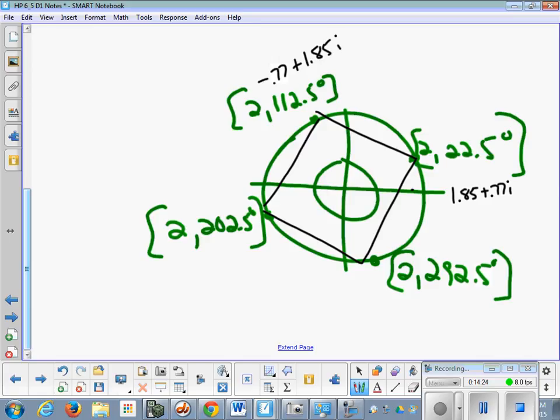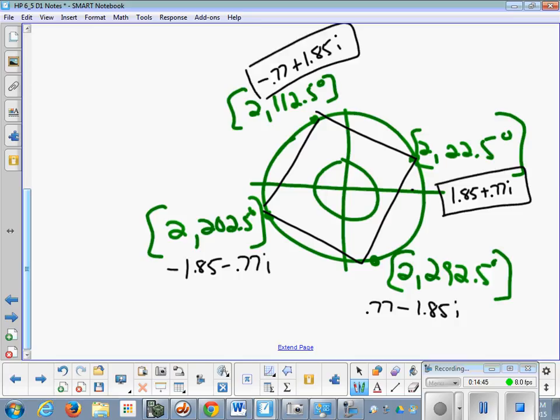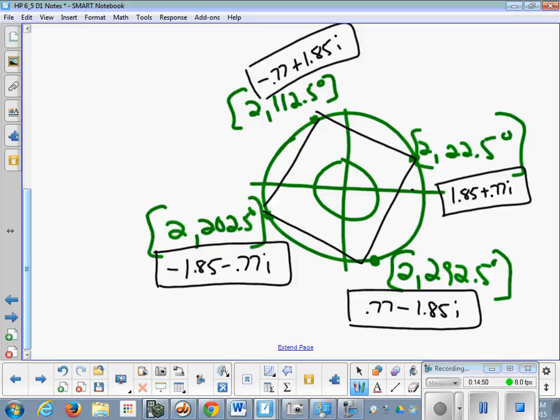This one came back 1.85 and went down 0.77. And this one came over 0.77 and went down 1.85i. So by just doing my first point, it's possible to fill in the rest of these very quickly and easily by drawing a picture and understanding that this is going to be a square evenly separated by 90 degrees.